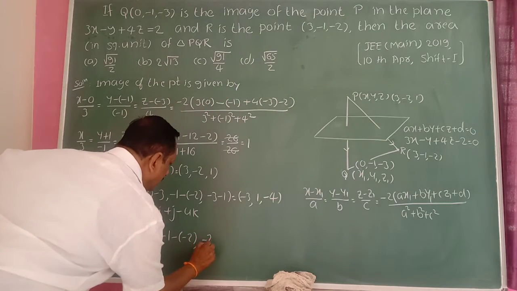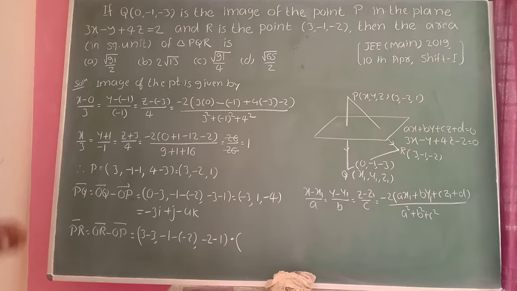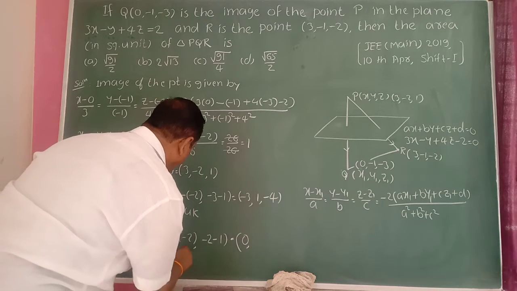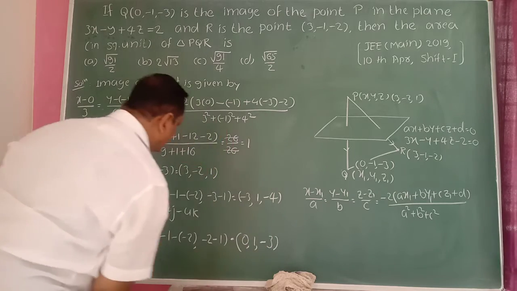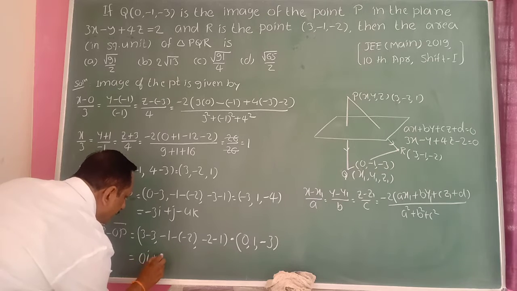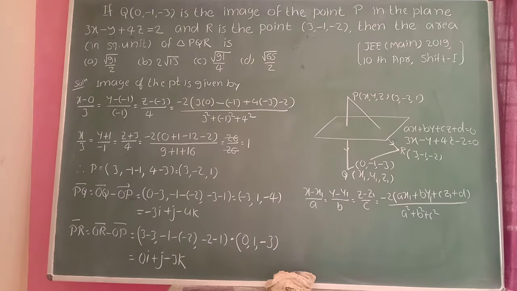That is 3 - 3 becomes 0, then plus 1, and minus 3. So this can be written as PR = 0i + j - 3k.